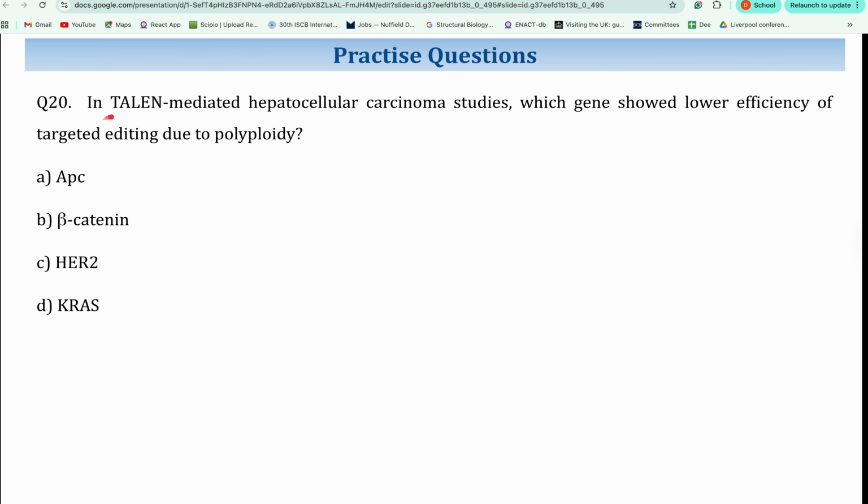Now the next question is, in TALEN mediated hepatocellular carcinoma studies, which gene showed low efficiency of targeted editing due to polyploidy? Option A is APC, option B is beta-catenin, option C is HER2 and option D is RAS.